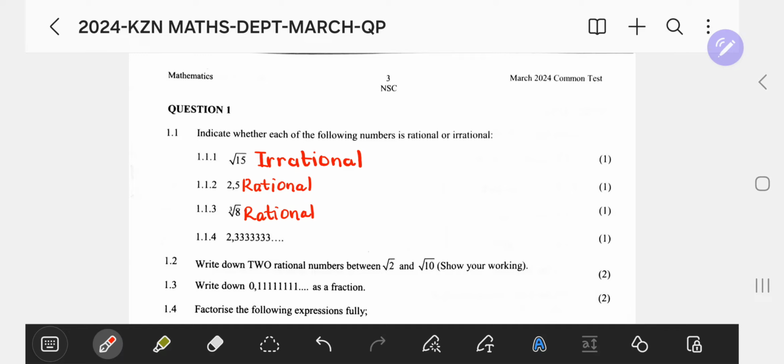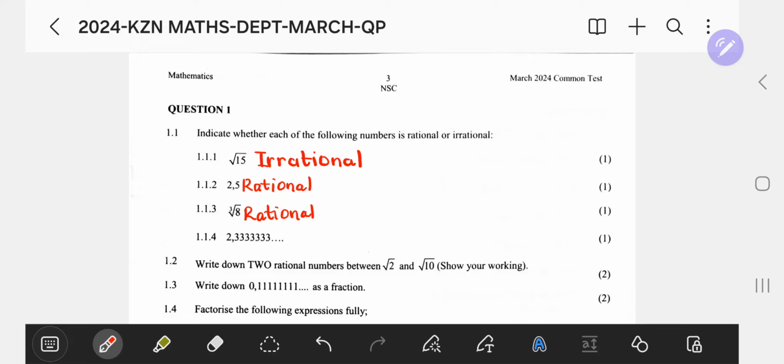1.1.4, we have 2.3333. Basically, it's 2.3 recurring. Okay, so the 3 is a recurring number. Now here's something important to take note of when it comes to recurring decimals. Recurring decimals can be converted to fractions. So generally, numbers that have recurring decimals, they are rational.